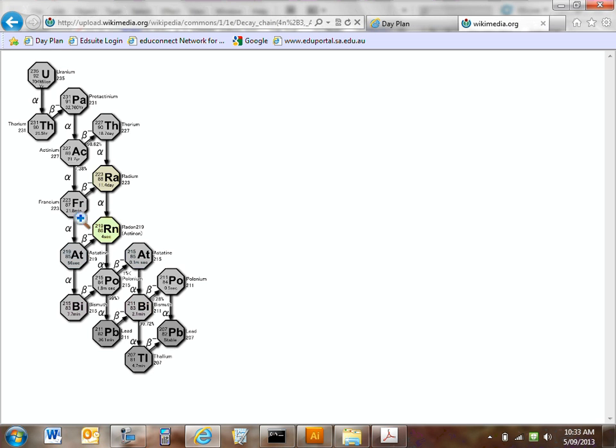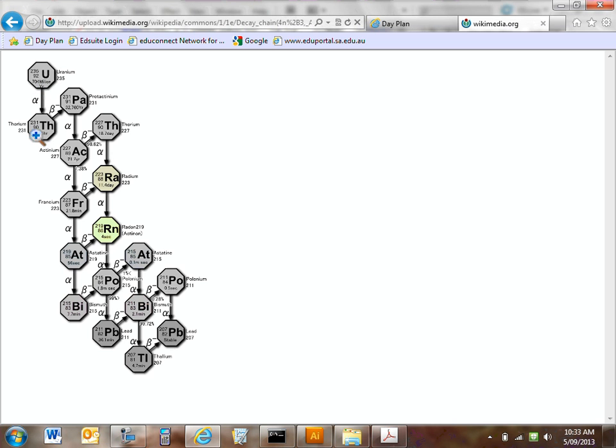But if we know the proportion or how much uranium was in a rock when it was formed from molten lava or magma, and when it solidified, which we can find out, and we know what proportion of some isotope is in that rock now, we know approximately how old that rock is by this decay chain here.